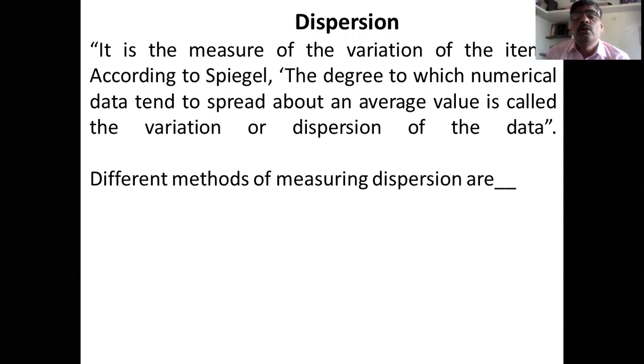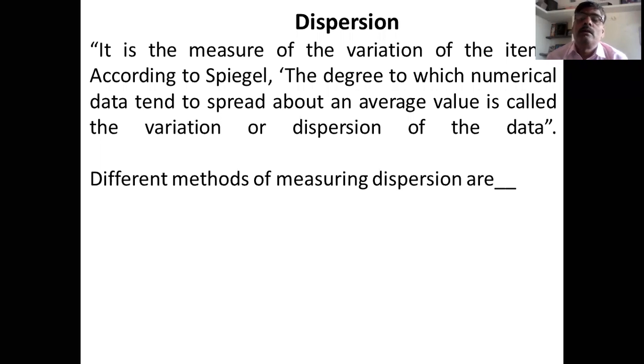If you calculate the variation on the absolute unit of measurement, that is called absolute variation. There are two types of variations: absolute measure and relative measure.